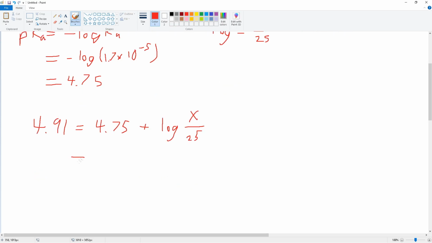And so we would move the 4.75 over to the left side, so then it would become 0.16, and then equals log of x over 25. And so to cancel log, we simply raise everything to the power of 10, so 10 to the power of 0.16 equals x over 25, because 10 to the power of log cancels.